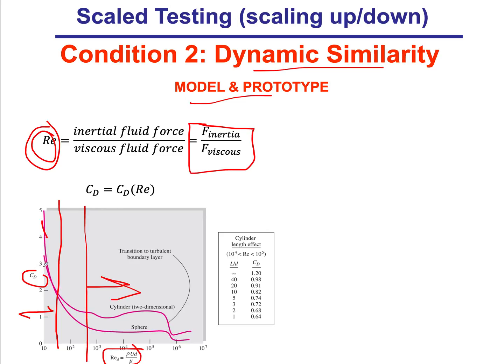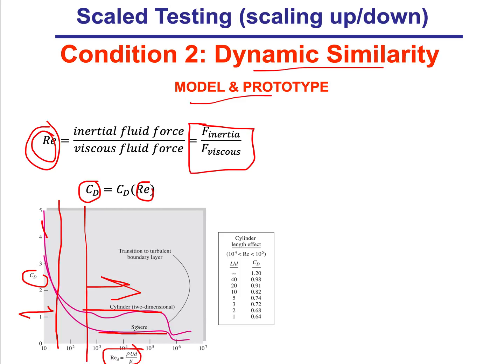And that makes a big difference. So whether you're in the Stokes flow regime, or in the high Reynolds number, inviscid sort of flow regime, where your drag coefficient is independent of Reynolds number, or depends on Reynolds number, that plot tells us that the drag coefficient is a function of Reynolds number.